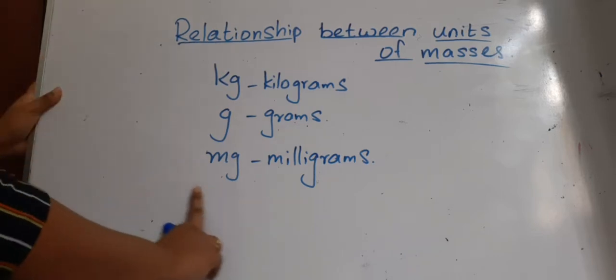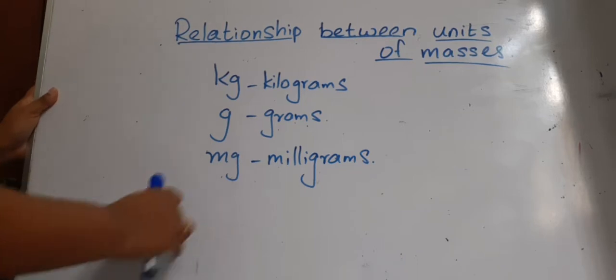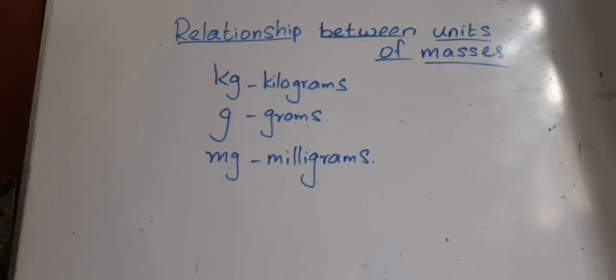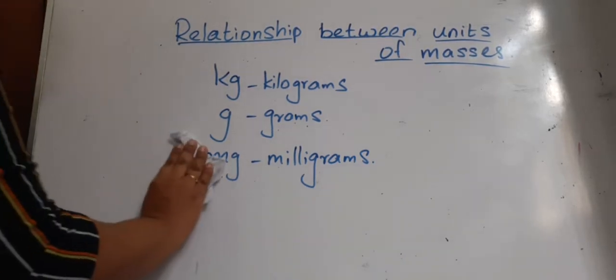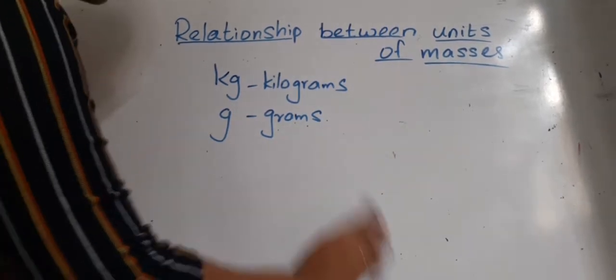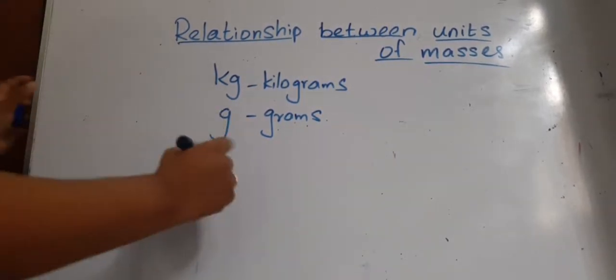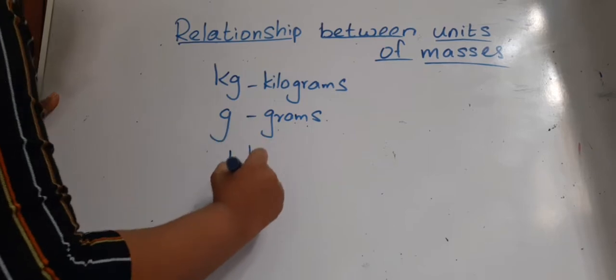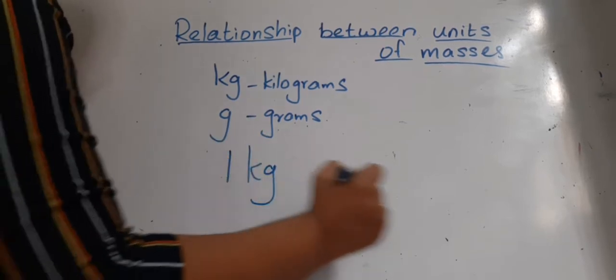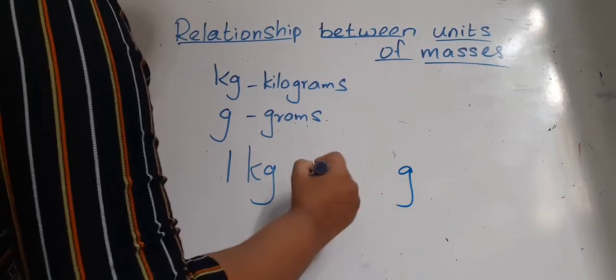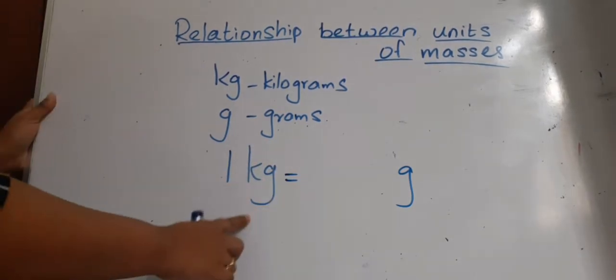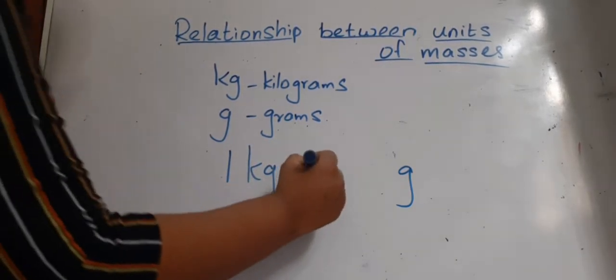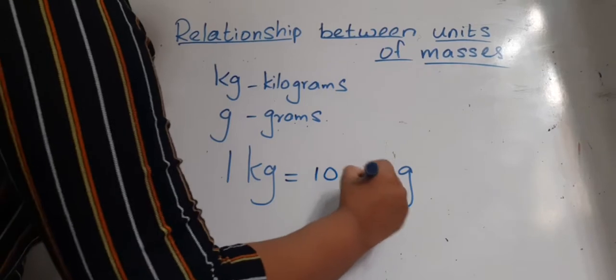Now we are going to find the relationship between these two units. We are going to write the relationship of kilograms and grams. Now look here, 1 kilogram equals 1000 grams.